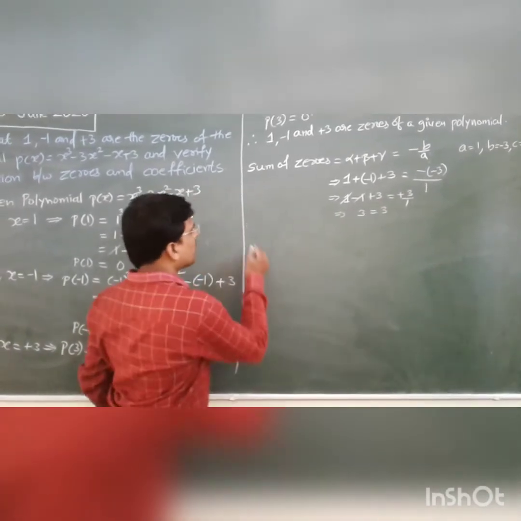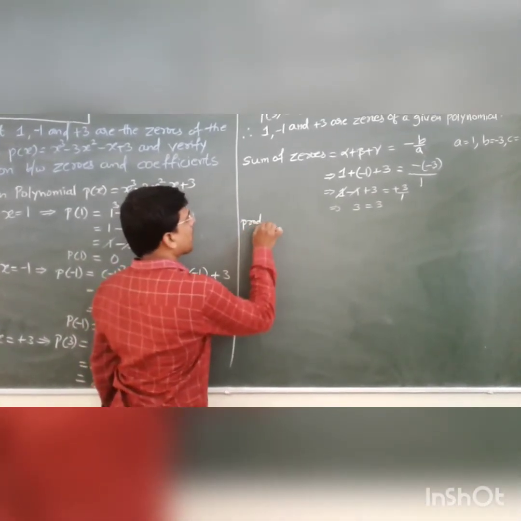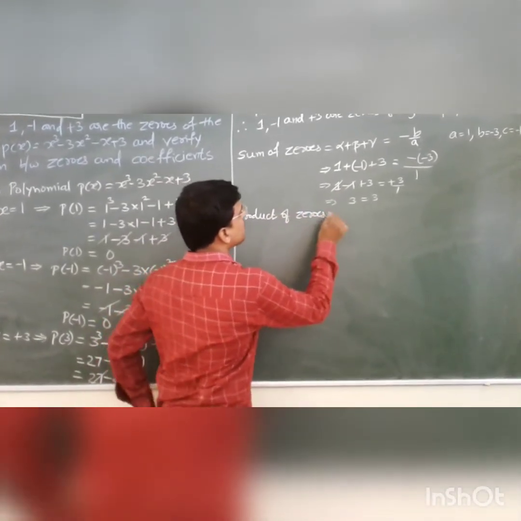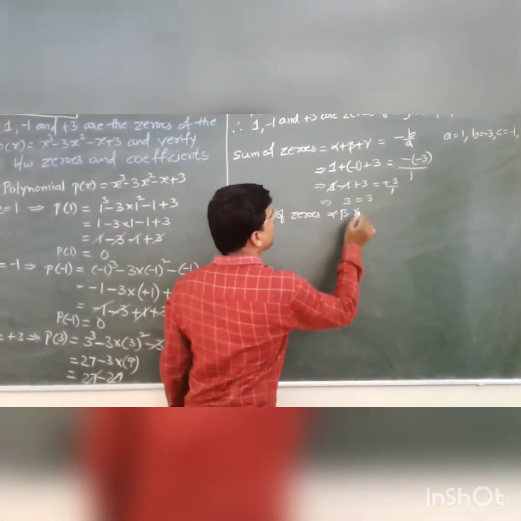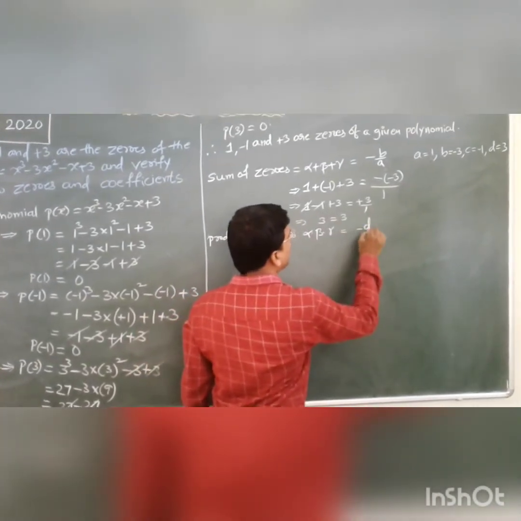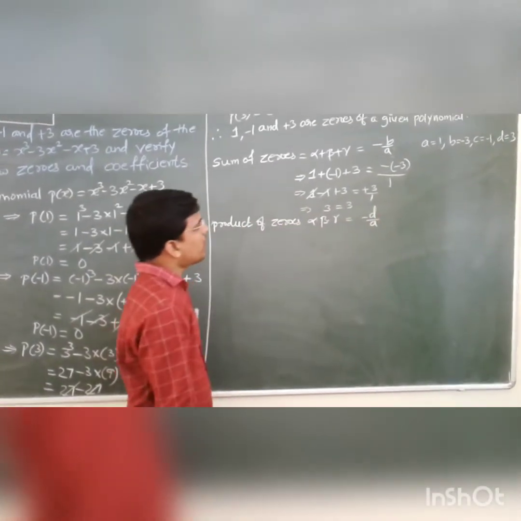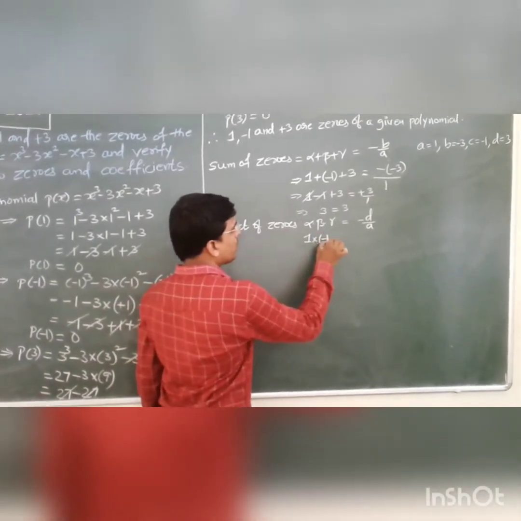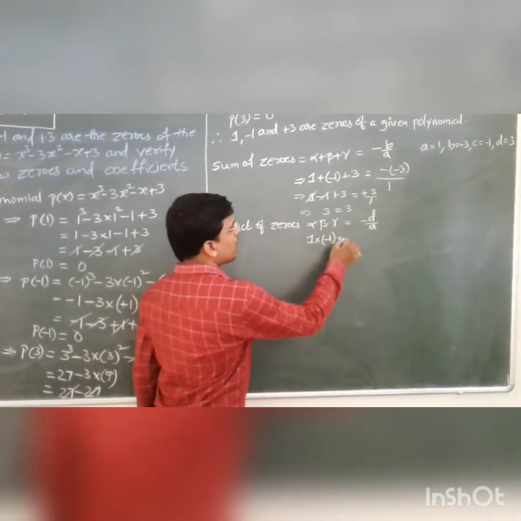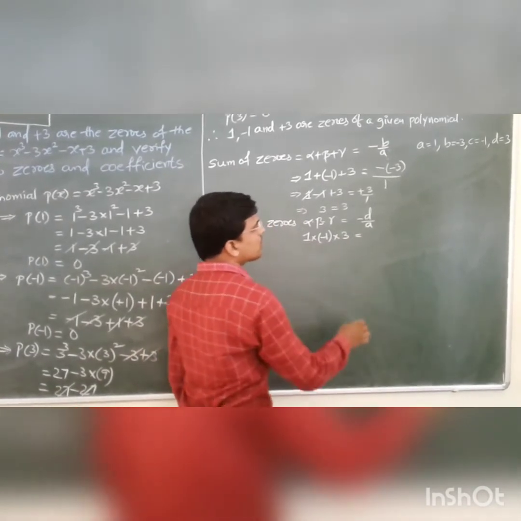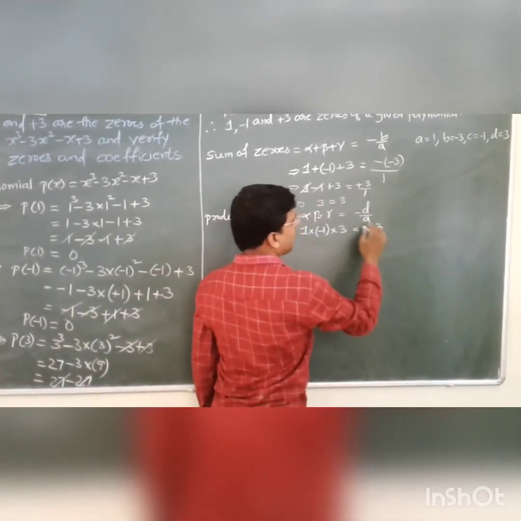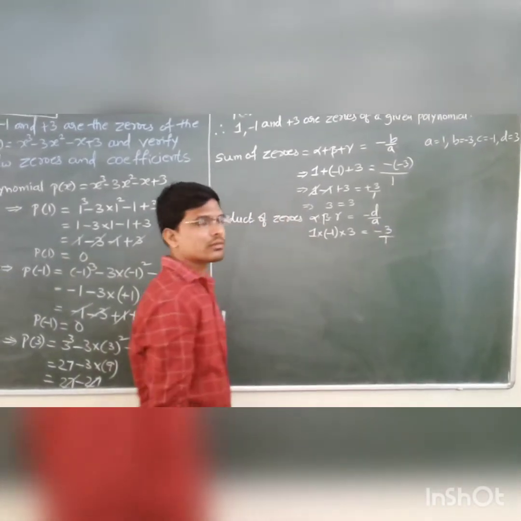In the same way, product of zeros. So what is the product of zeros? Alpha into beta into gamma is equal to minus d by a. So what is the alpha value? 1 into beta value minus 1 into gamma value 3 is equal to the right hand side, minus, what is the d value then? 3, a value 1.